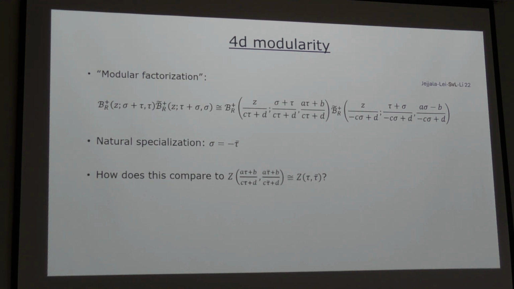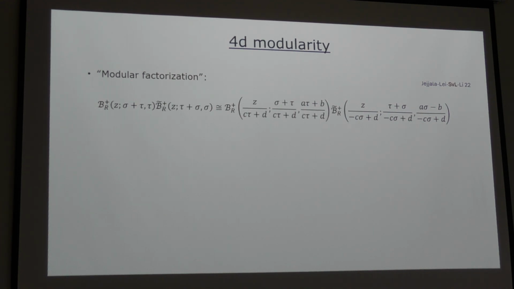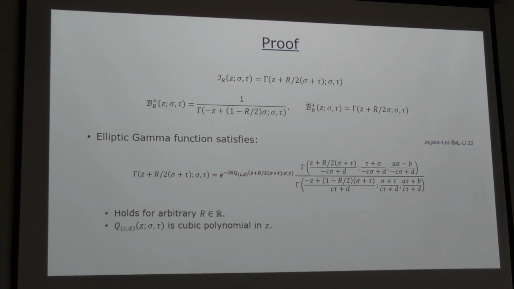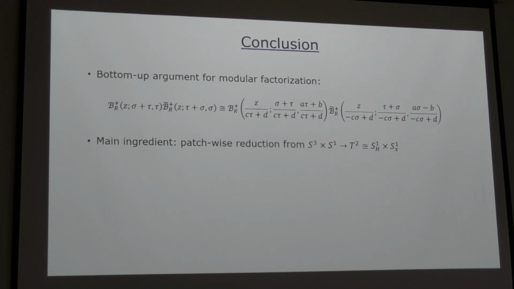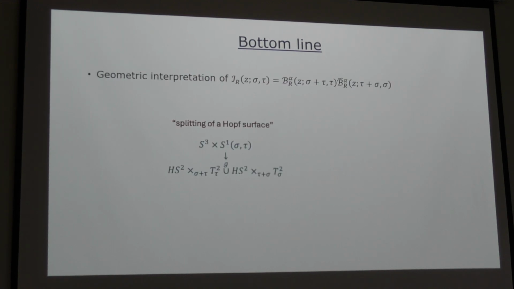Maybe again, I'm still looking for the geometrical significance of sigma and tau. That's what I haven't talked about at all. Like some small circles become a big circle, right, when you're doing this? Let me see. So in a Lagrangian point of view, the index can be thought of as a path integral on S3 times S1, where these chemical potentials can be understood as moduli of the geometric background.